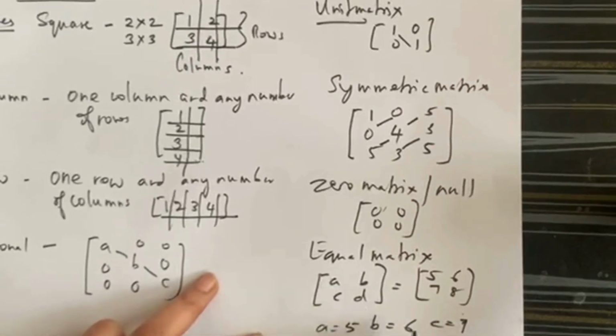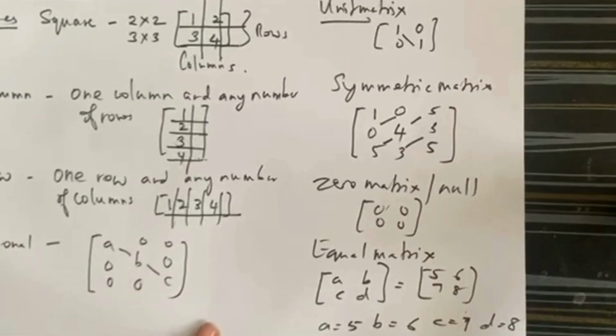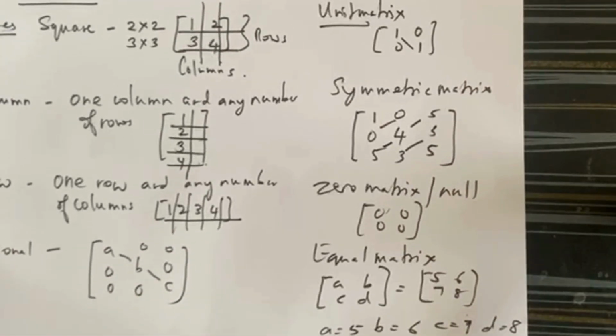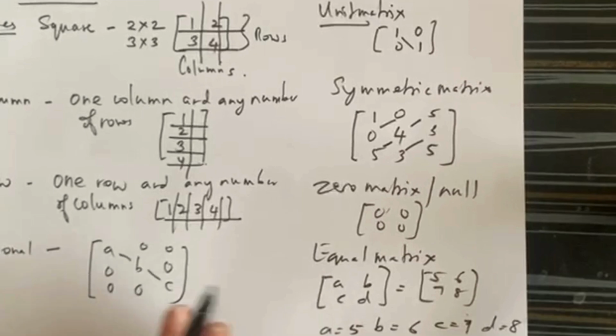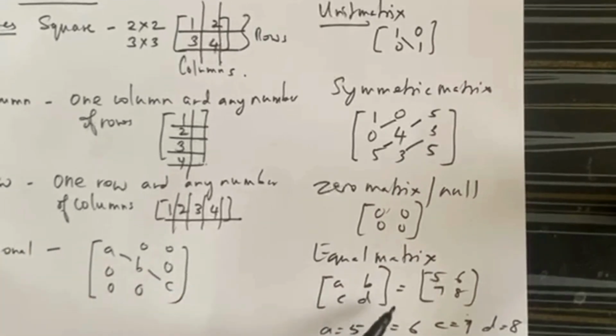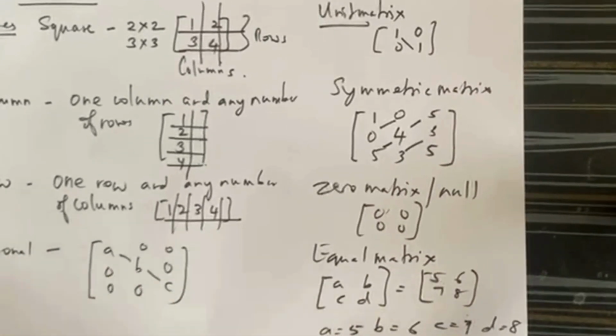And D is equal to 8. So what's happening here? So only if the matrix is equal, I would be able to actually tell this particular variable A is equal to 5 and B is equal to 6. So understand, the order should be always same. This is 2 cross 2 matrix and this is also a 2 cross 2 matrix. So this is the actually types of matrices.